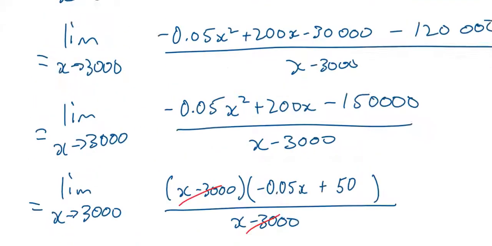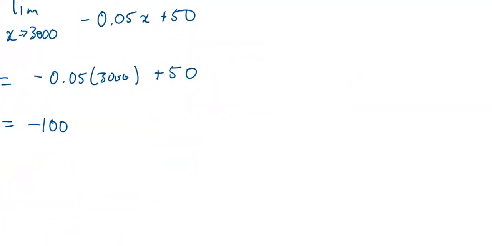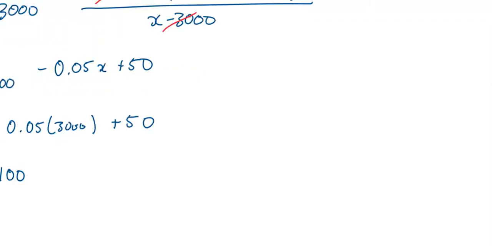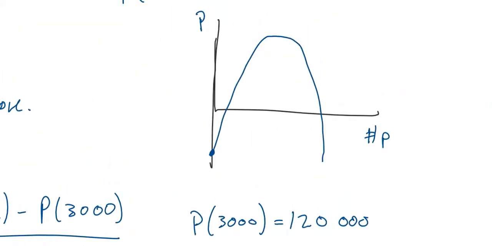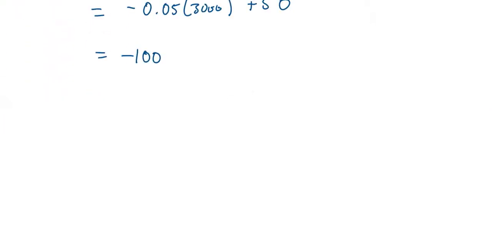Remember, at 3,000 phones, when we subbed it in and calculated, their profit equals 120,000. They're on the downwards, so they're actually at this part of the curve. The slope of the tangent is negative, in other words, they're losing money on every phone they sell.